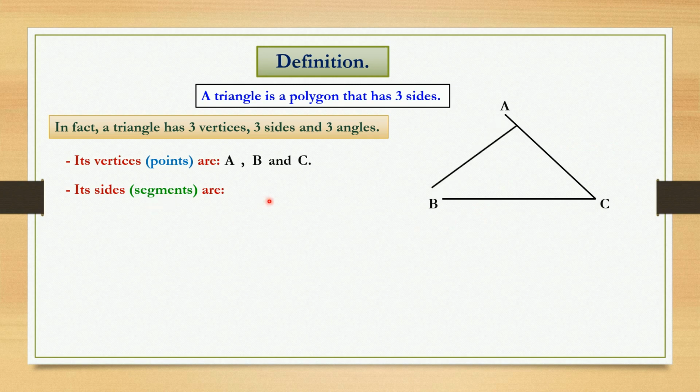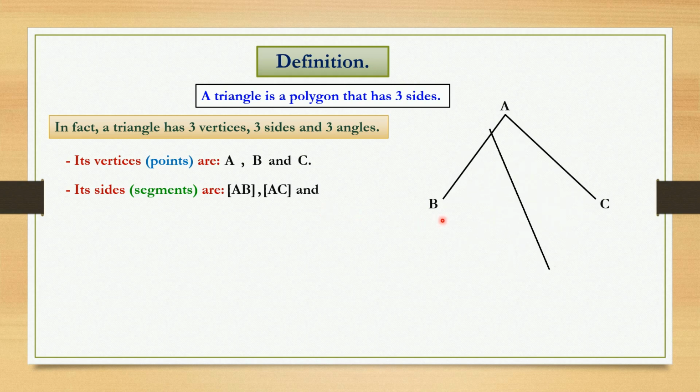So the first side is the segment [AB], we write it with brackets. Then the second side is the segment [AC], and the third and last side is the segment [BC] between brackets.